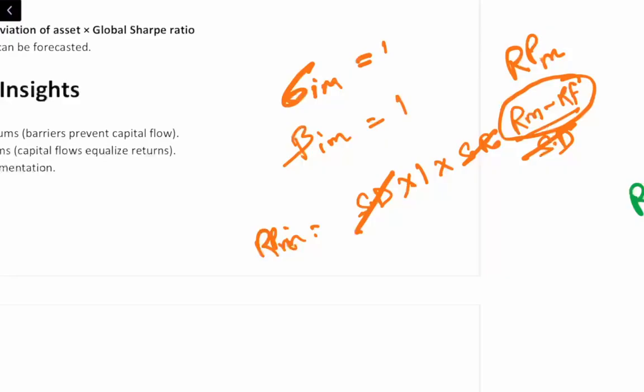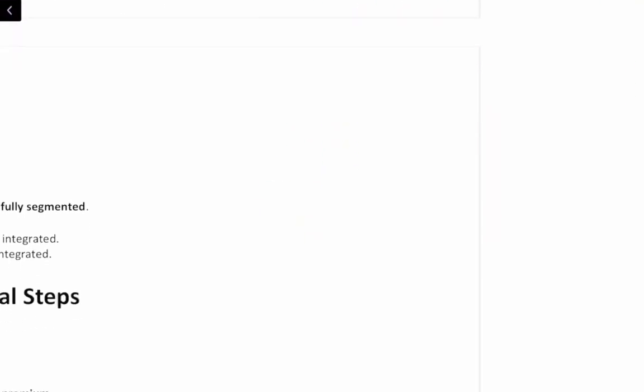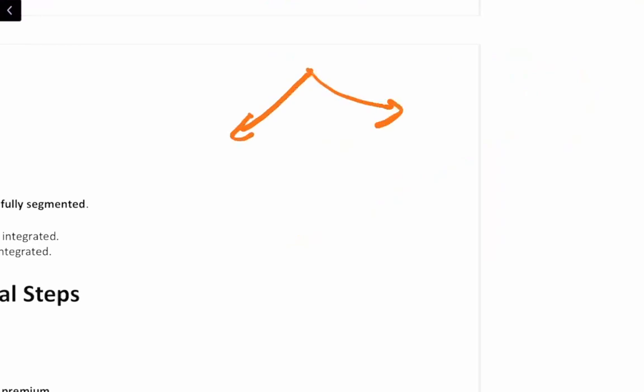Clear? So I have said just now that there is no market which is fully integrated or fully segmented. So what I'll do, I will calculate two risk premiums. One which gives me the answer for fully segmented and one which gives me the information on fully integrated. I'll take the weighted average of that and then I'll come to the final value. Clear?